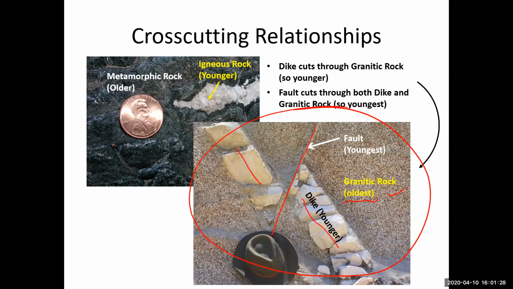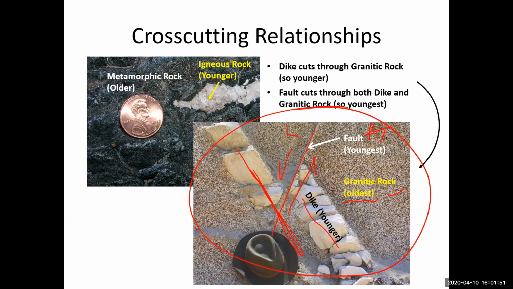This dike used to be continuous. And then because the fault moved like that, the right side of the fault moved diagonally upward, and the left side of the fault moved diagonally downward. And it offset or shifted the dike in the process.